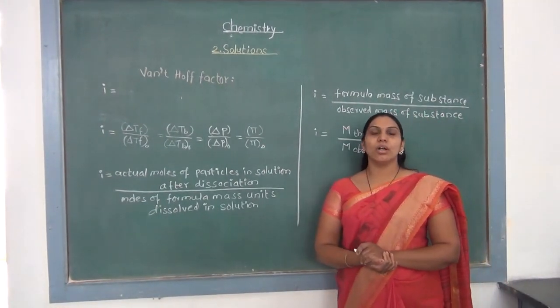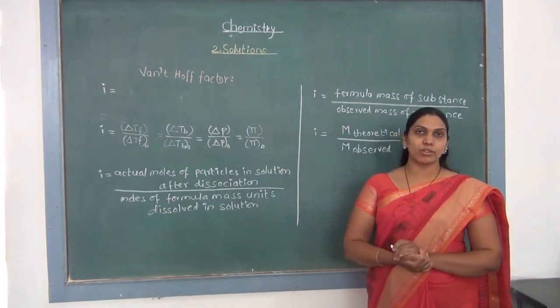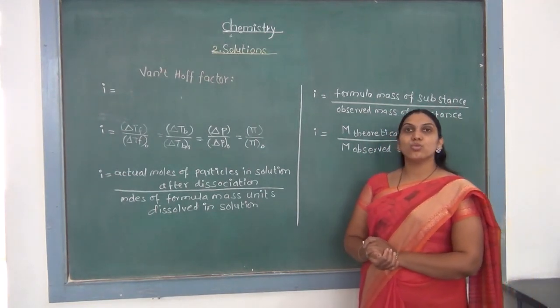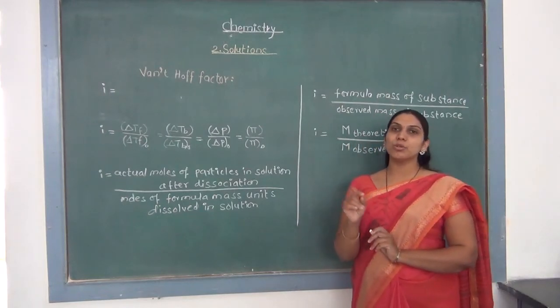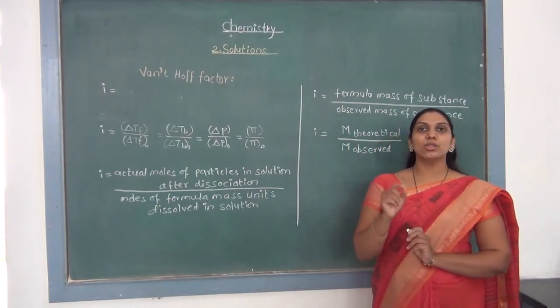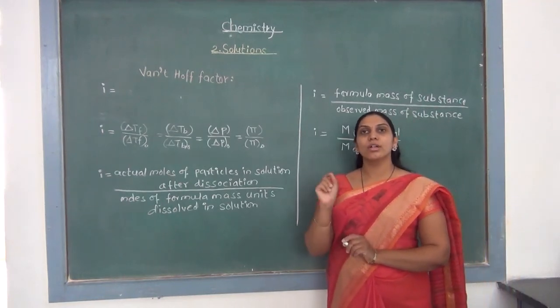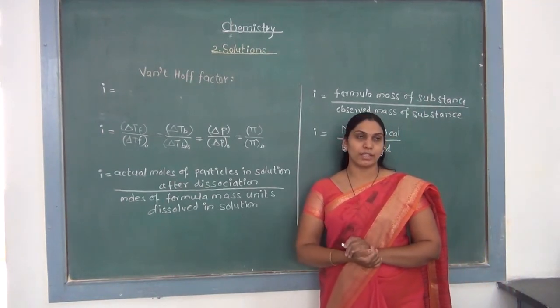We just saw the colligative properties of electrolytes, and in that we studied the observation that the colligative properties of electrolytes do not obey the relations of colligative properties of non-electrolytes.